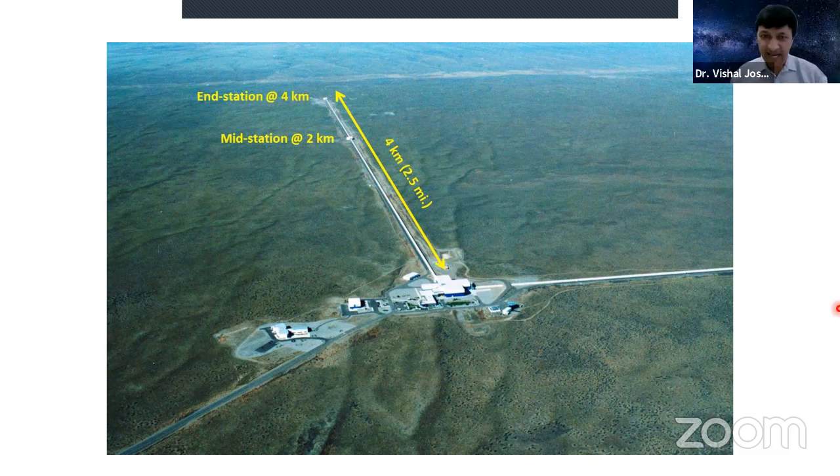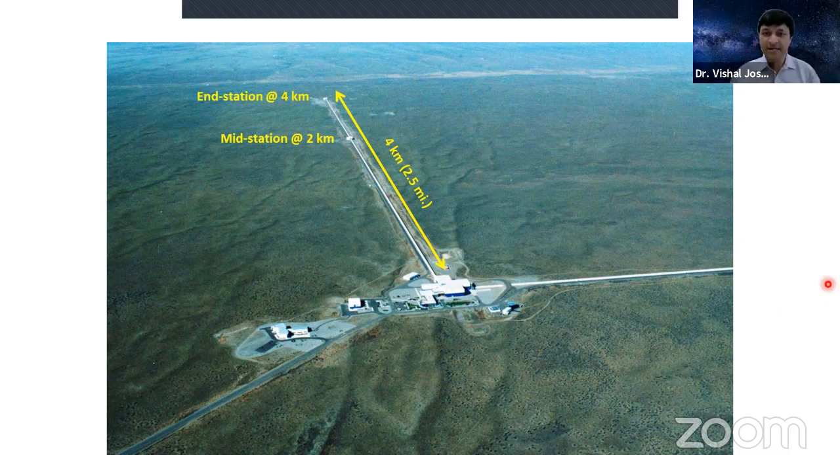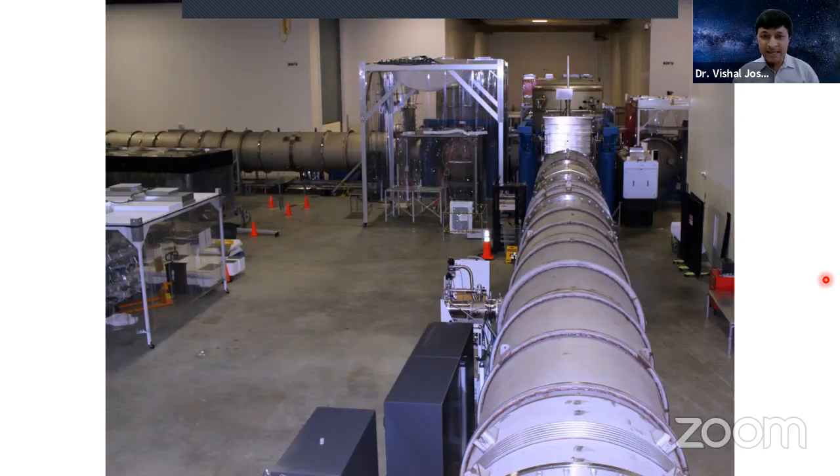So it is a very expensive experiment, a large structure within complete vacuum, and very sophisticated instruments are used here. I can talk for a whole day on this experiment. It is fantastic, but I will quickly move on.